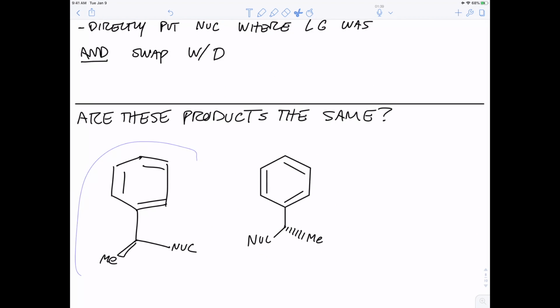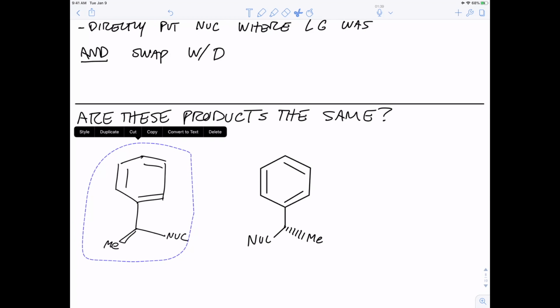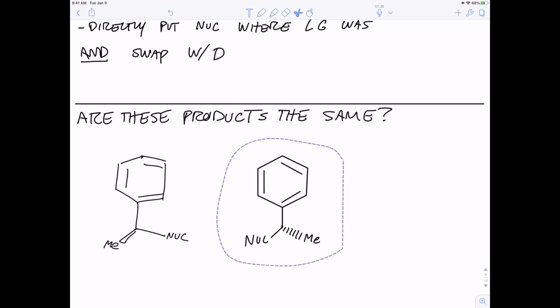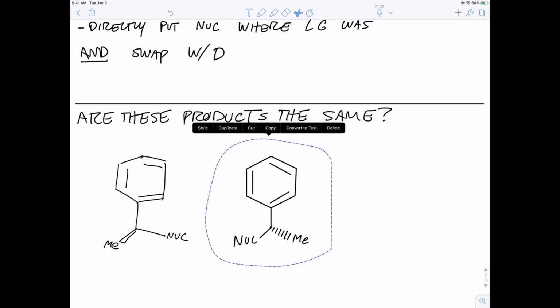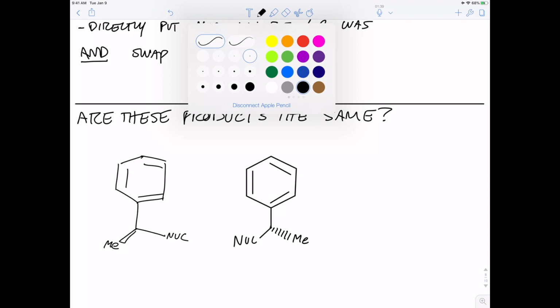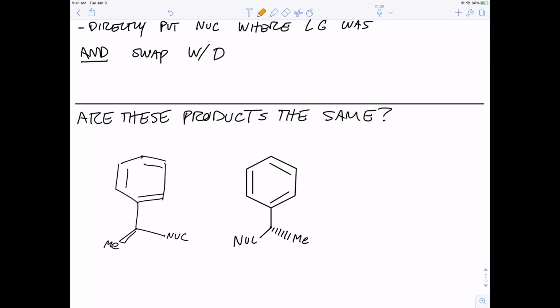All right, let's make this one a little bit smaller. There we go. Okay. So a little foray back into R and S nomenclature for some of those who may be a little rusty at it. Definitely give that a good practice. Let us just say that the nucleophile is the highest priority thing.